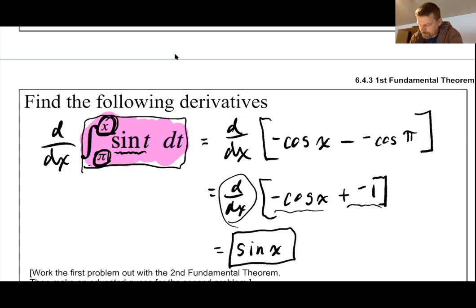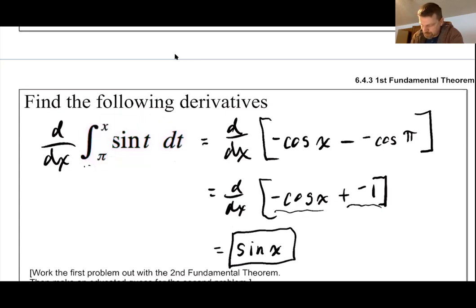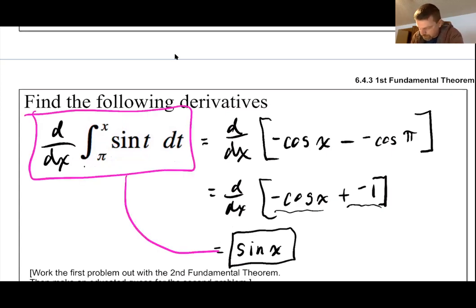Now, the important thing here is take a look at what I started with and what I ended up with. What do you notice? It's almost the exact same thing. The only difference is the variable changed to an x.